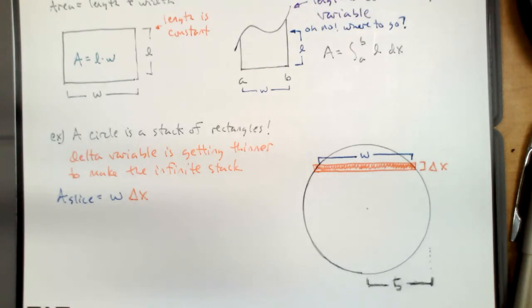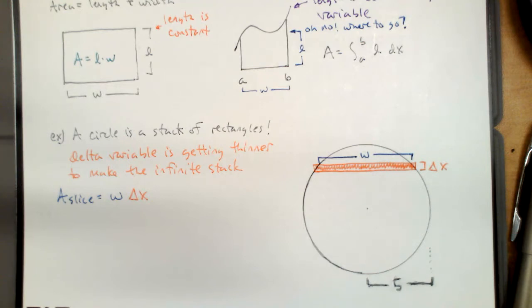Now we're grounded. We've established what direction our variable is going to go. I've identified what's getting thinner to make my infinite stack. That's my delta variable. That tells me that x is going to be an up and down variable. I just have to decide where to put the x.